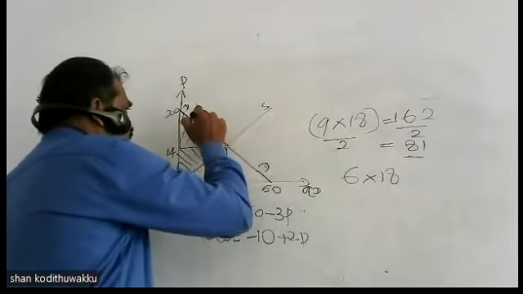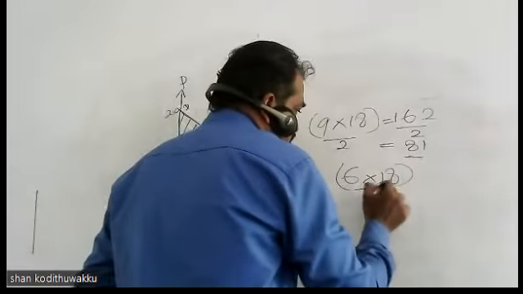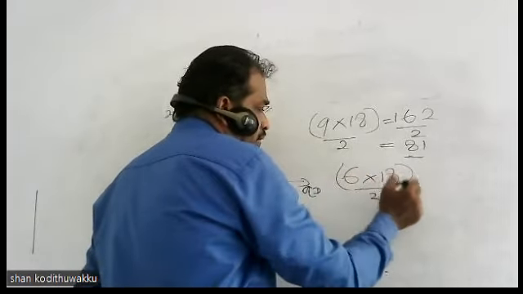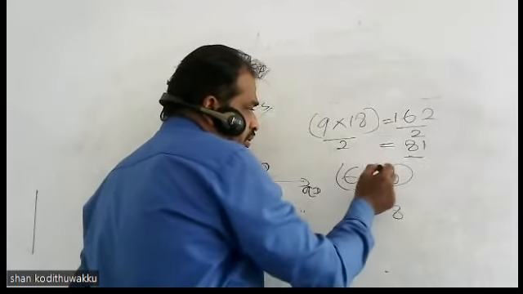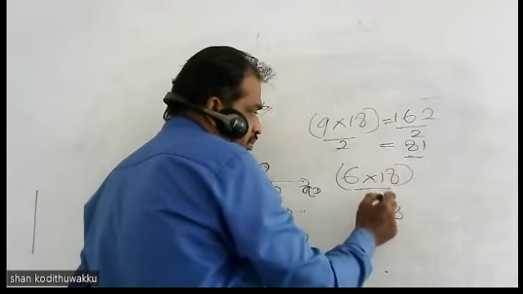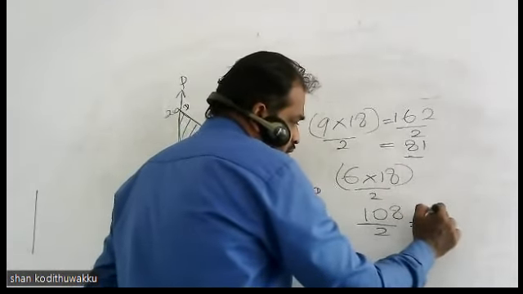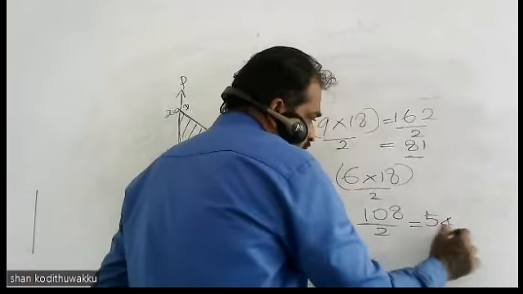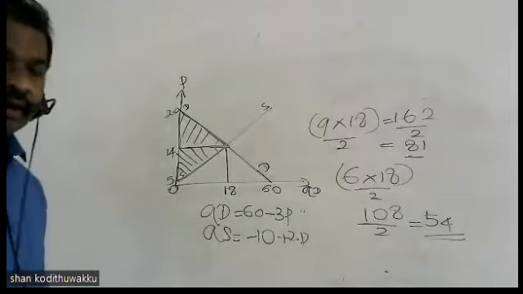As we take only this area, we have to divide by 2. 6 into 18 is 108, divided by 2, 54. Right. We are asked to find the economic surplus.